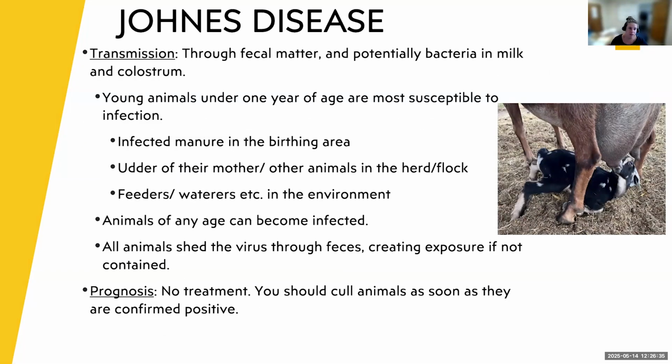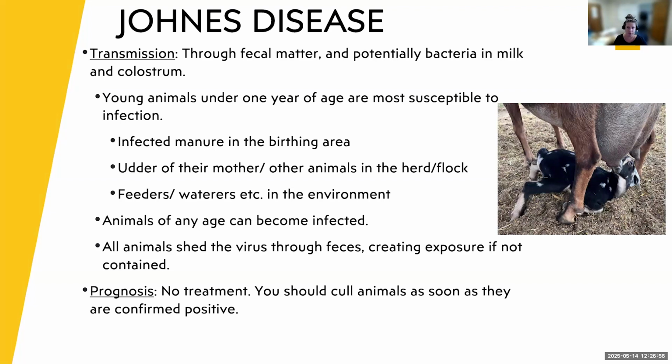So this is transmitted through fecal matter and potentially bacteria in milk and colostrum. Young animals under 1 year of age are most susceptible to that infection, and that is usually through infected manure in the birthing area. So when those young animals come out, they're nursing, chewing on things all around them, right?